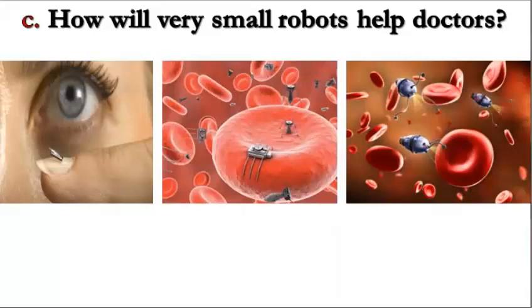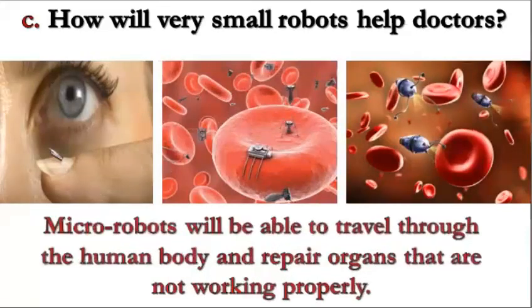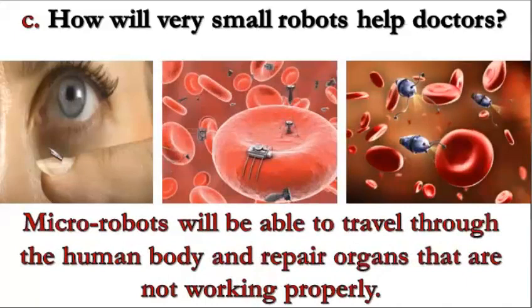Can small or micro robots help doctors? Yes. Micro robots will be able to travel through the human body and repair organs, I mean fix the parts of the body that are not working properly. So micro robots will be implanted inside the body, travel through it, make fixes and get out.